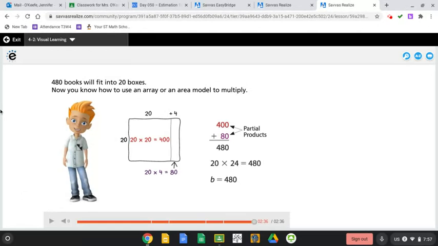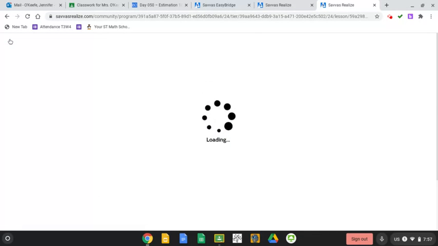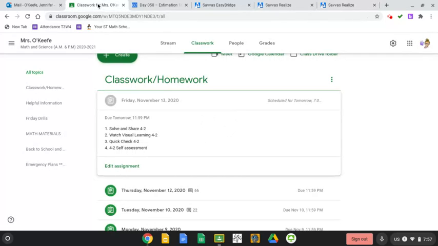All right, so ladies and gentlemen, there we have it. That is what you're going to be working on. And if you remember and you go back to it, you would have done the solve and share, check. Visual learning, check. And then the quick check. The quick check, remember, is 5 questions. There is no practice help for that. And you'll be able to use the information that you know already from topic 3, as well as what we did with 4-1.